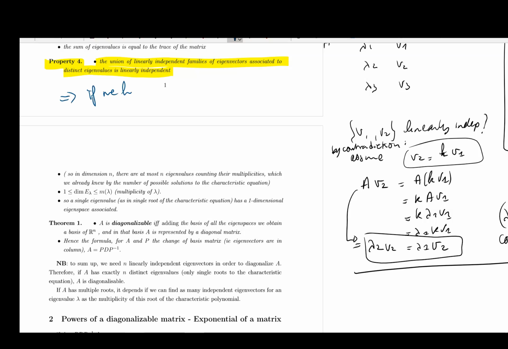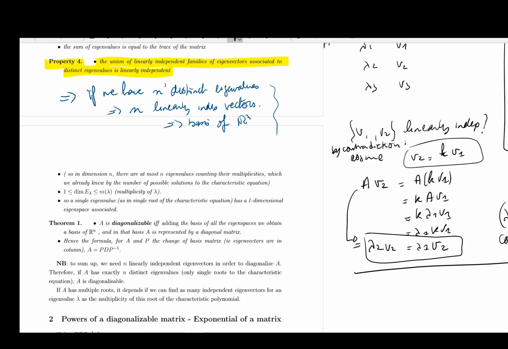Assume we are still in R^n, and we have n distinct eigenvalues, then we will have n linearly independent eigenvectors, and so I will have a basis of R^n. You see that I'm going slowly towards my change of basis formula, the P D P^-1 that we stated first, actually. So keep that in mind.